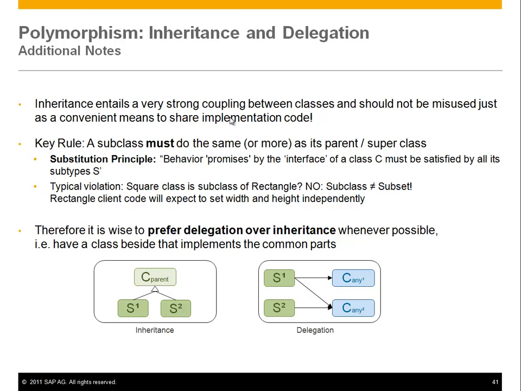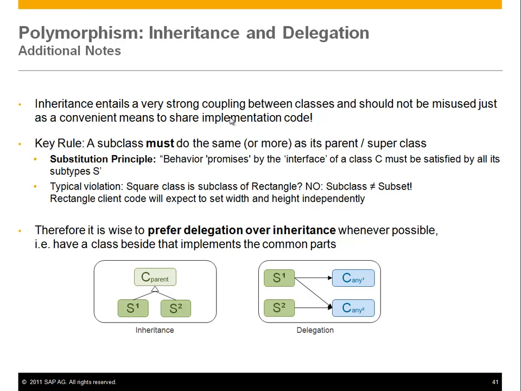Now the square has only one data it needs to remember, and it can only set one side, and it has to be both the same. So if you now try to call, let's say square would be a subclass of rectangle. Rectangle has the method set AB, and square has also the method set AB. But in the square, of course, when you try to set AB differently, then it doesn't work, because the square is supposed to be a square, which means A has to be equal to B.